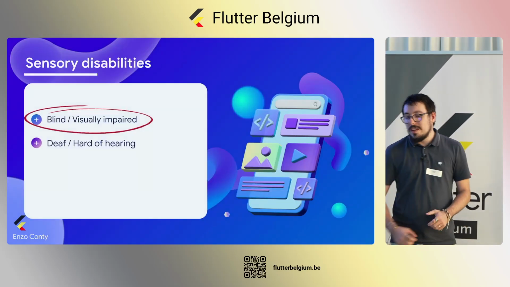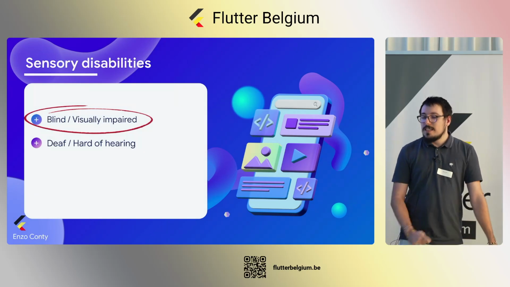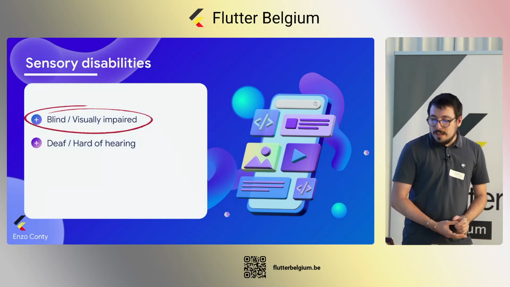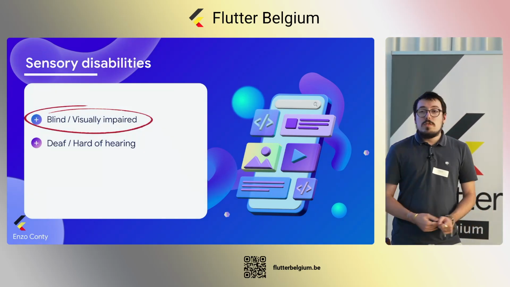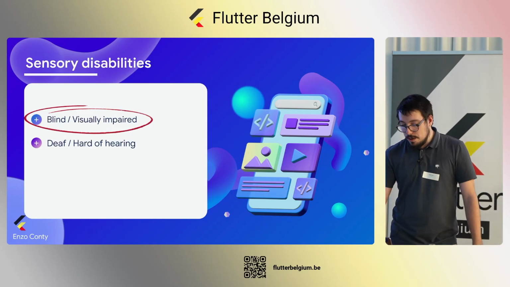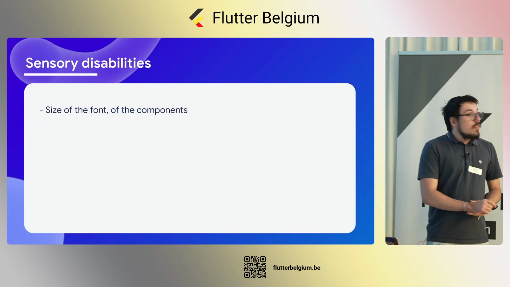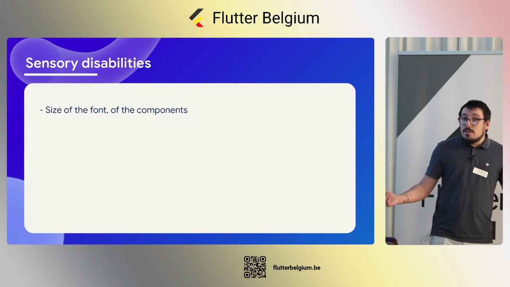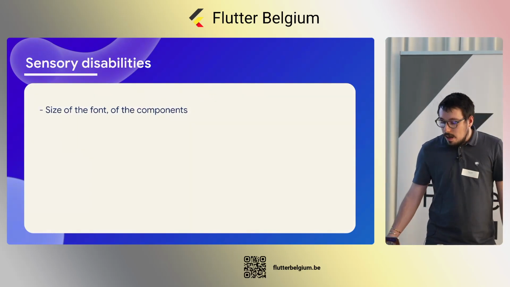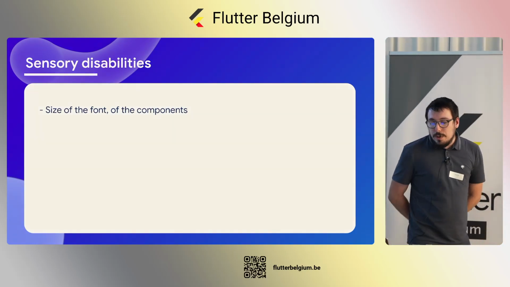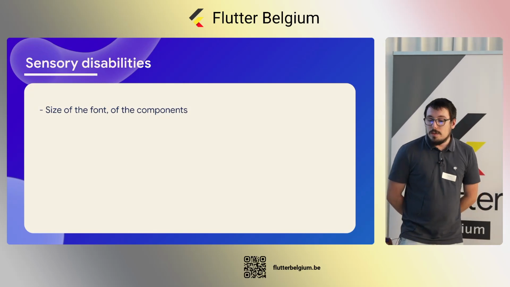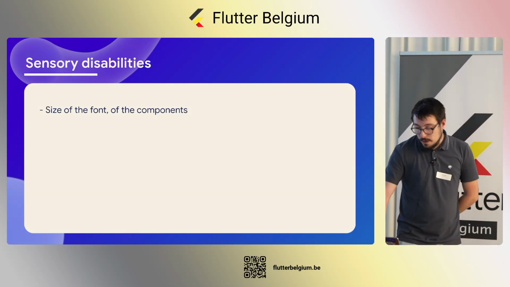Okay, so for the sensory disabilities, we have again the blind and visually impaired people, and we can actually do quite a lot for them. The first one might just be logic again. We can increase or change the size of the font and of the components. What does that mean?